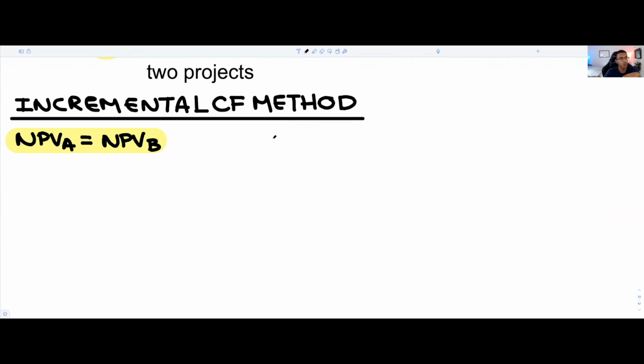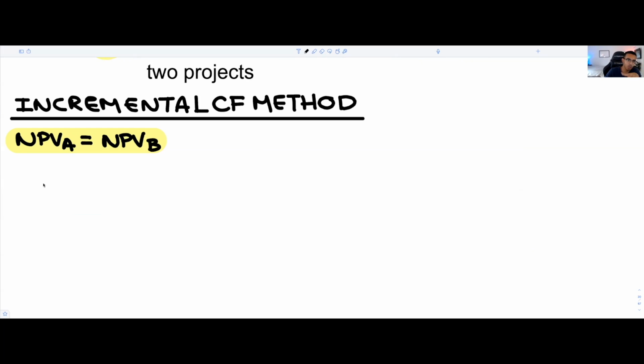So what we can do is use the tools that we have at our disposal with this notion of NPV to try to actually find the point at which these two projects will be equal to each other. Once again, to find the discount rate, the K at which these two projects are equal to each other. So if NPV A is equal to NPV B, we're going to do something fun.